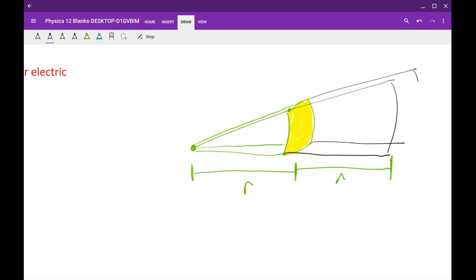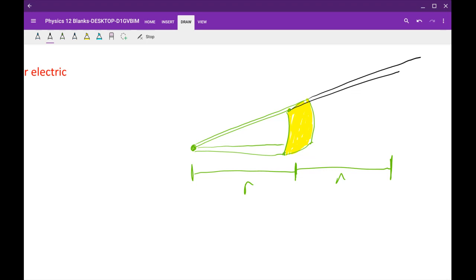It doesn't look like it in my drawing, though it should. Let me make some adjustments because it's not a good drawing. I'm going to emanate out to here. There we go, that's a little better maybe.